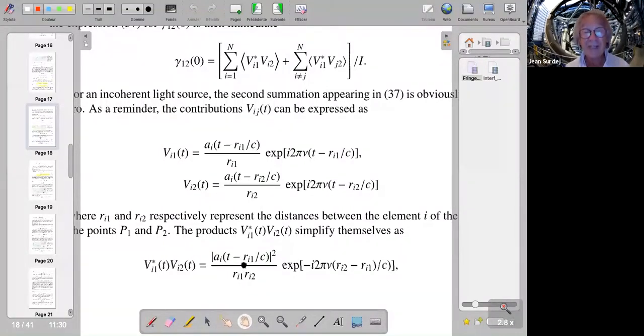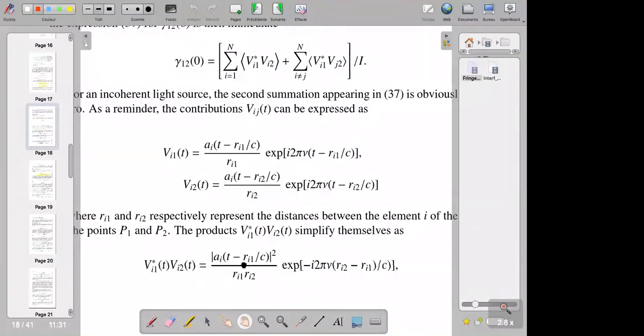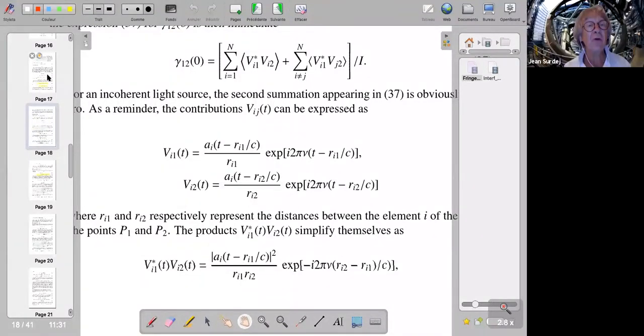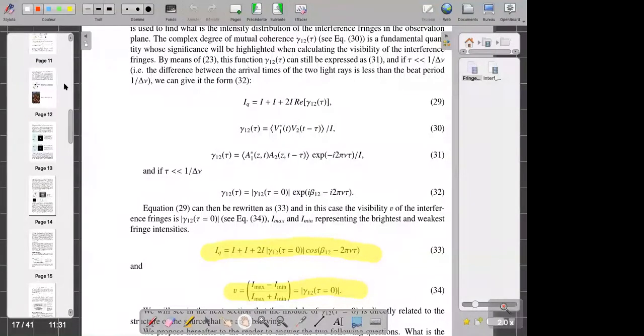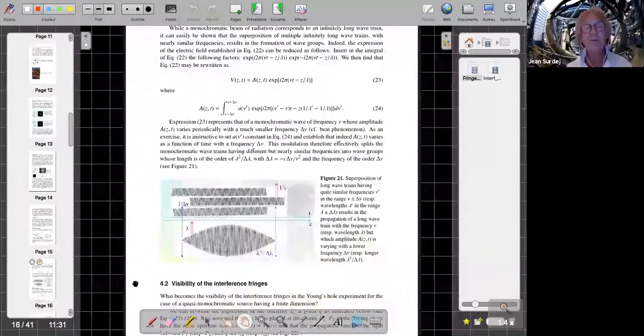And this is where you need that approximation. You need the difference in length between the rays coming to aperture 1 and 2 from the same surface element to be less than the coherence length. Otherwise, the amplitudes can be too different. You remember I tried to go back to that transparency, exactly here, to this figure.